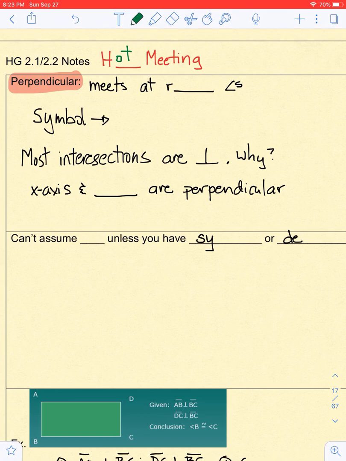In case you don't, here's the definition. It meets at right angles. And we know that right angles have a measure of 90 degrees. So 90 degrees is kind of warm, hot. So there's my bad joke for the day.